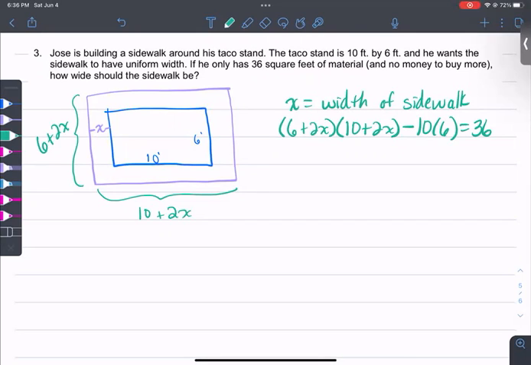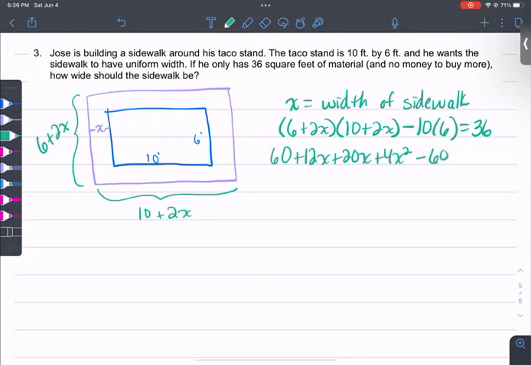So I need to solve this as a quadratic, and that means that I need to simplify as much as I can, have it in the form of a standard quadratic and set equal to 0. So I need to begin by multiplying these two binomials together, which we did in our very first lesson. So double distributing, I get 60 plus 12x plus 20x plus 4x squared.